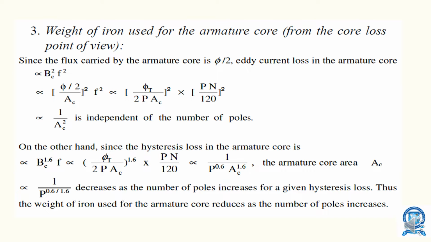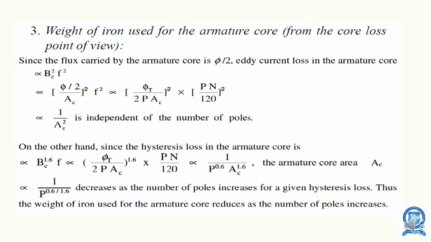Next is weight of iron used for the armature core. Since the flux carried by the armature core is φ/2, the eddy current loss in the armature core is proportional to B squared into f squared. So it is inversely proportional to the area and independent of the number of poles.